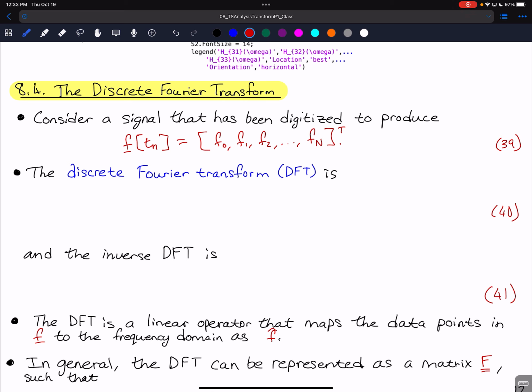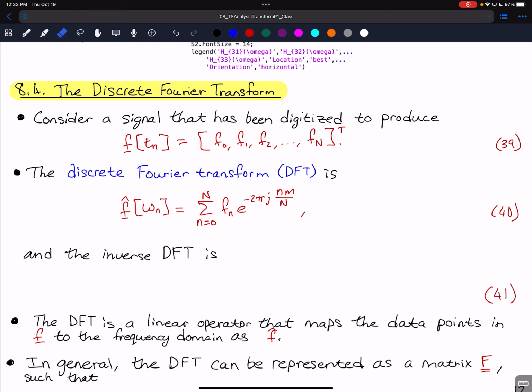So the discrete Fourier transform is then defined as f under bar hat, which becomes a discrete function of omega, and this will be equal to the sum from n equals 0 to N of f_n times e to the minus 2 pi j times the quantity n m over big N, where again j is the imaginary constant.